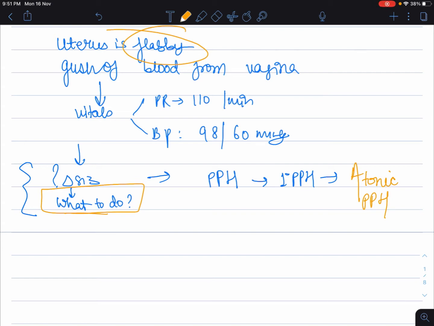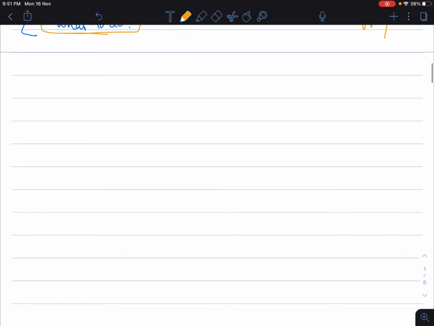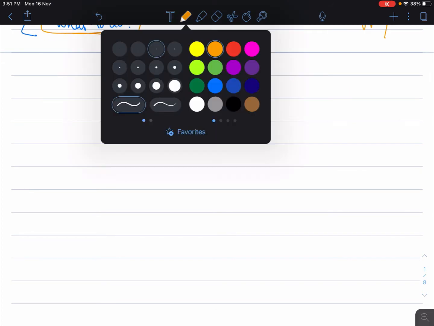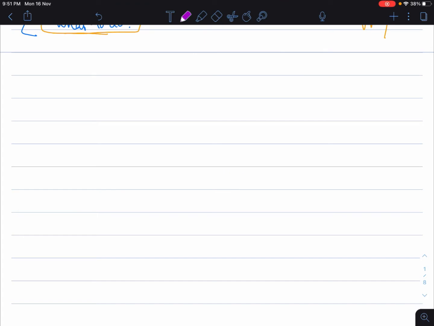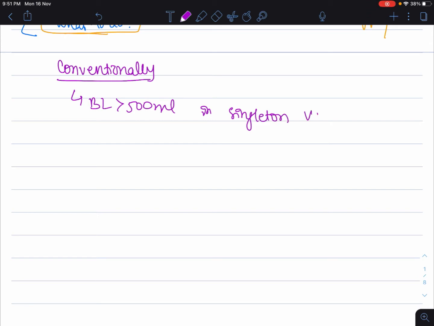Okay, so now that we have gone through this case scenario, let's come down to the definition, because definition, as we all know, can be quite confusing in the regard of PPH. It has changed over the time. I'll tell you what the definition we hold on to is. Conventionally speaking, PPH used to be when blood loss was more than 500 ml in a singleton vaginal delivery, right?